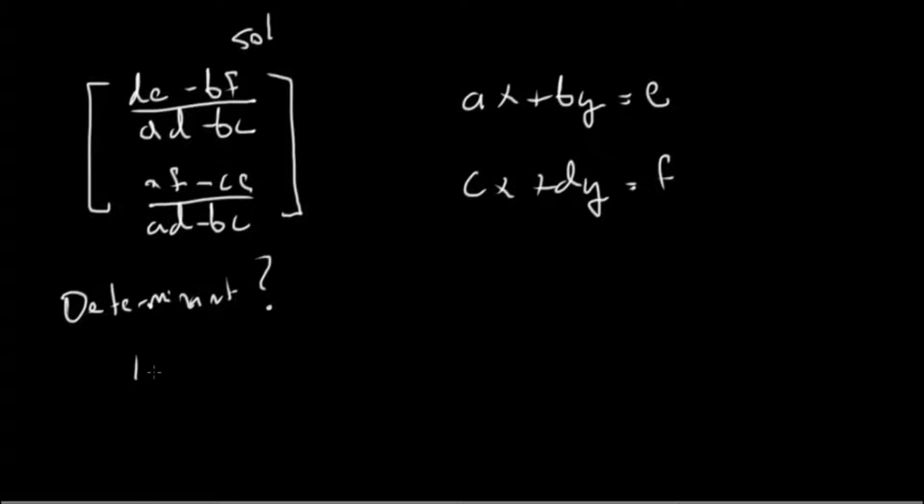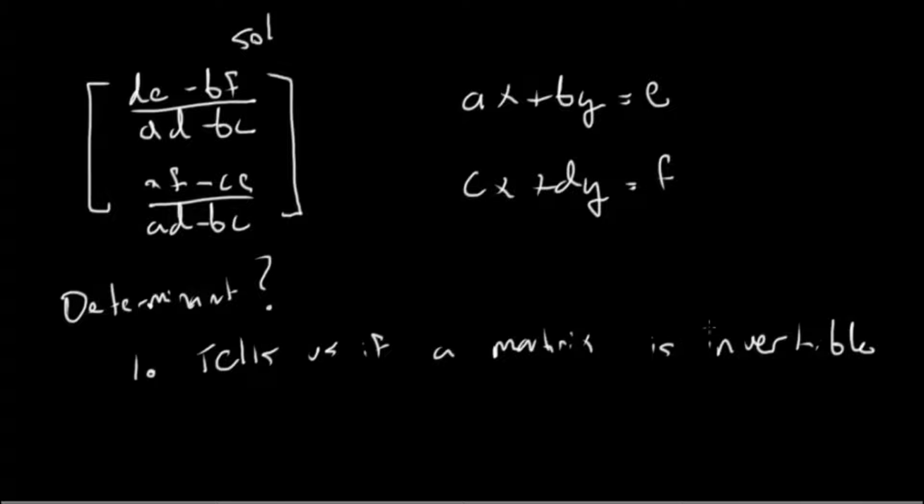One thing is that it tells us if a matrix is invertible. But what I want to point out here is that the determinant is also the denominator of the solution set.